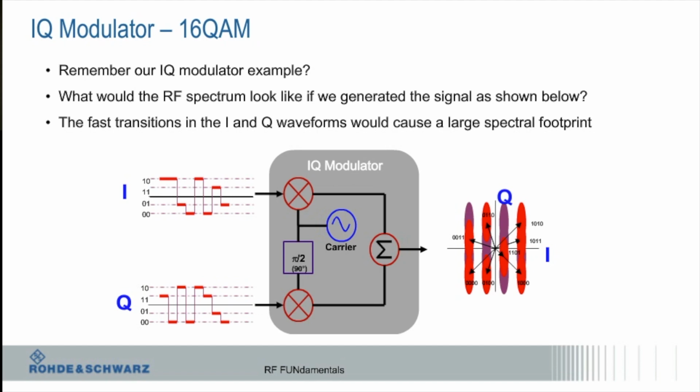So fast transitions. When I go from this constellation point to another one, depending on where I'm coming from and where I'm going to, you get different frequency and amplitude components in the trajectories. There's a constellation diagram which is just the dots, but then there's another diagram where you're looking at the actual constellation showing the transitions.